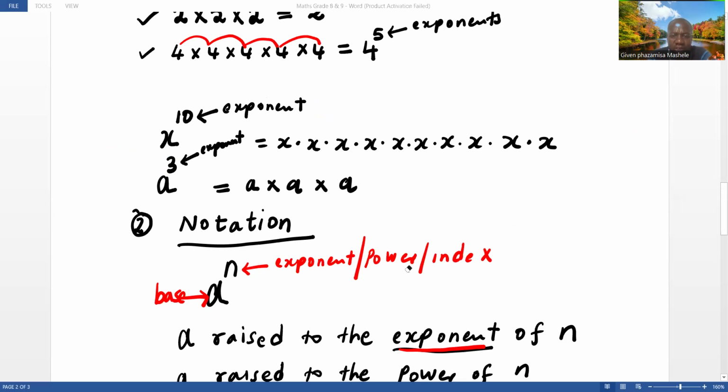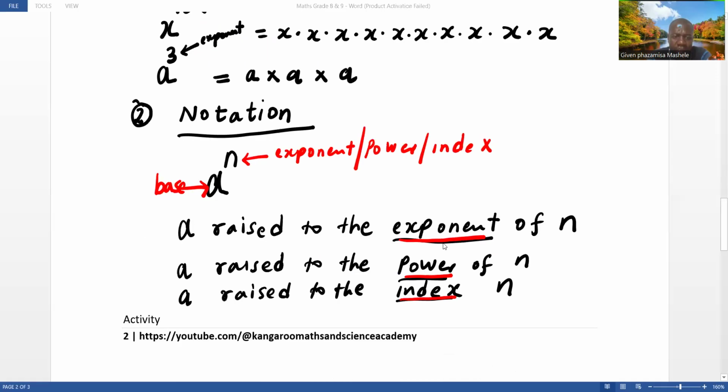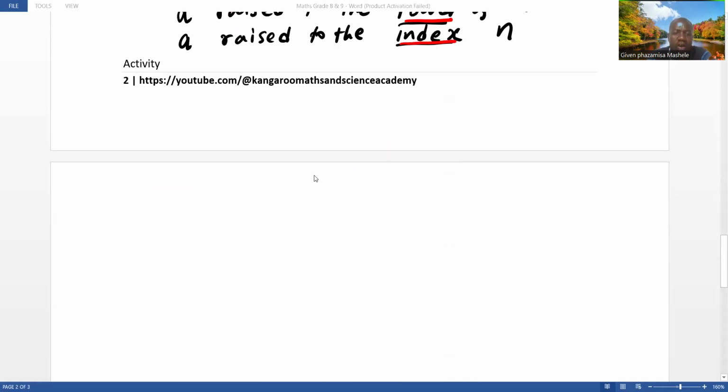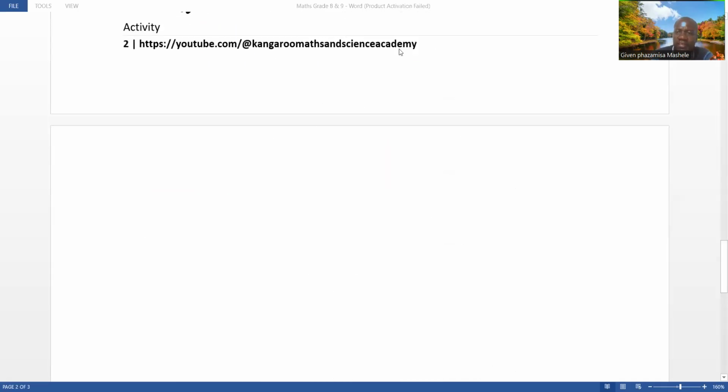Let us now move on and talk about the laws of exponents. The laws of exponents. And guys, you need to be able to know this. Number 3, we need to talk about the laws of exponents. Okay, let me use the permanent marker so that I must not keep on erasing.